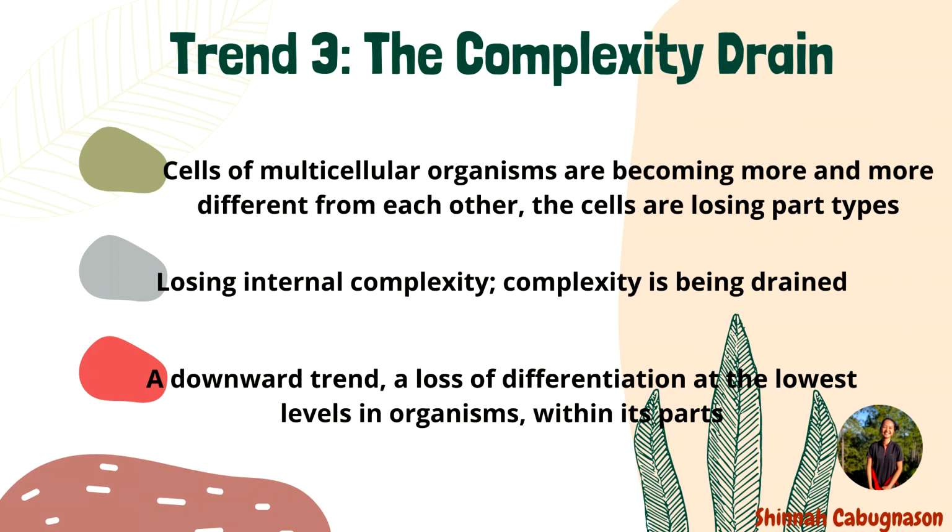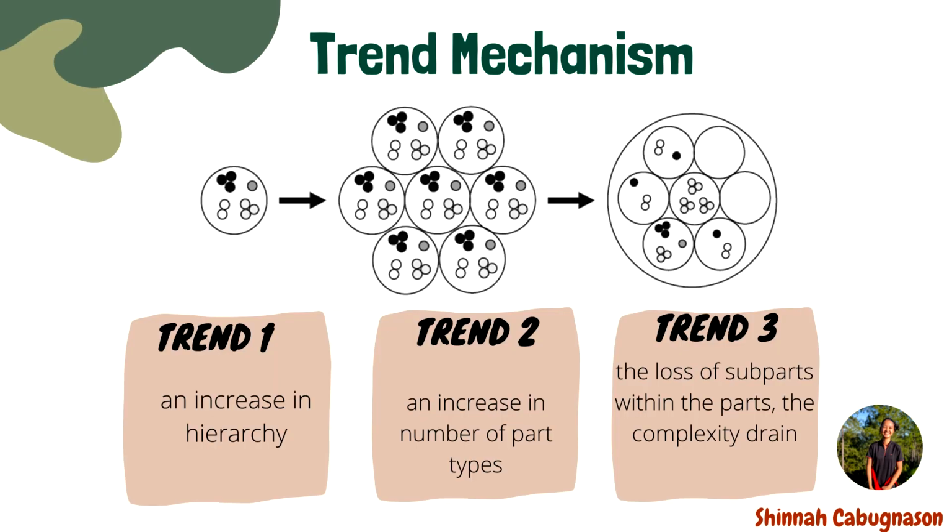Moreover, this third trend is a downward trend, or a loss of differentiation, at the lowest levels in organisms within its parts. This is a schematic representation of the three trends, which together constitute an evolutionary syndrome. The figure shows the transformation of a free-living lower-level entity, found at the left, into a poorly individuated higher-level entity in the middle, and then into a highly individuated higher-level entity. So the first trend is an increase in hierarchy.